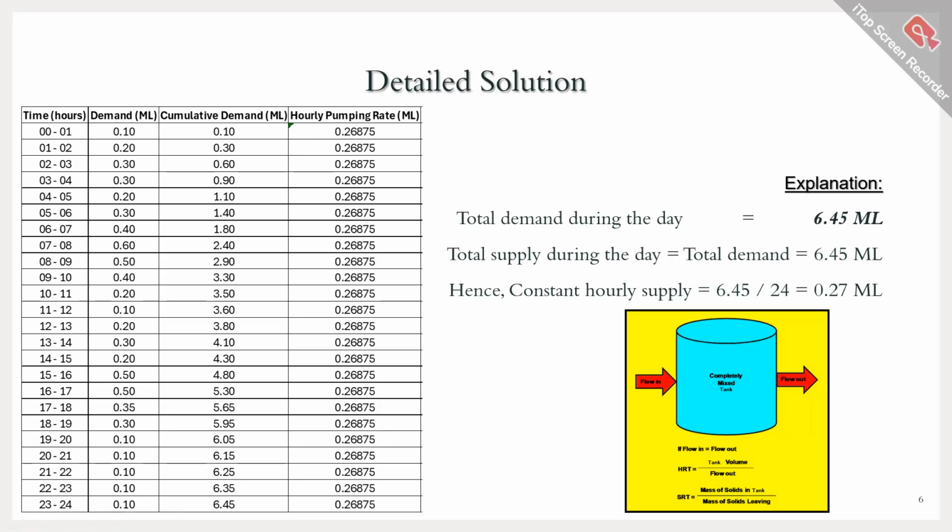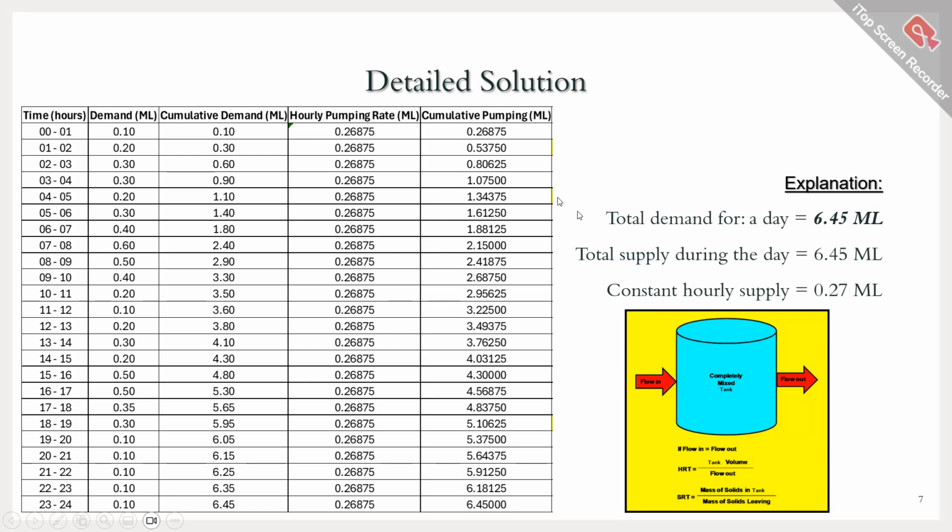Next, we have calculated the cumulative pumping rate. The first two columns were given, and the cumulative demand we just calculated. Then we put 6.45 divided by 24, the value we just put here, and calculate the cumulative pumping rate, or cumulative supply rate.